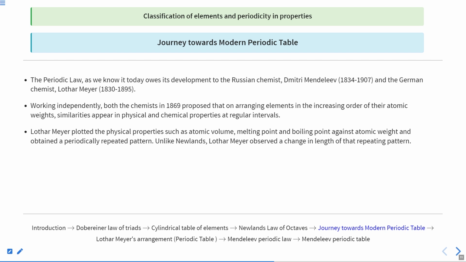But in case of Lothar Meyer, he did not put any such restriction. Whenever there is a change in properties, he simply changed it. He does not say that it will be a group of 8 or a group of 3. He just said that we are trying to arrange it, and whenever some properties differ, we will try to find a new position that is in good accordance with the physical and chemical properties.